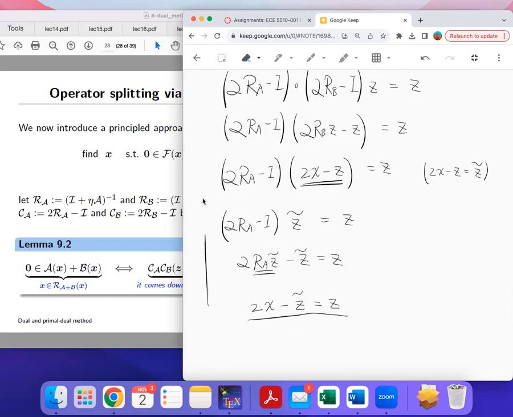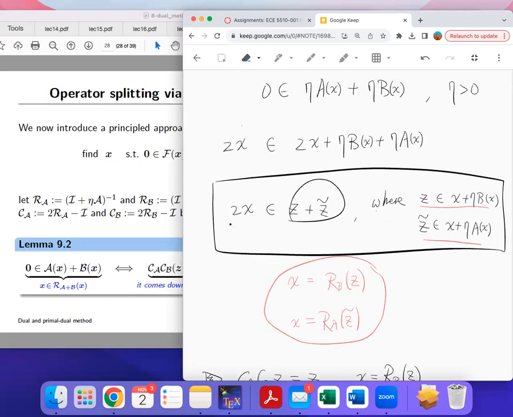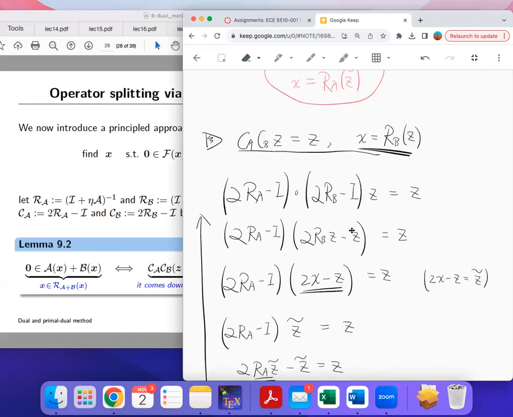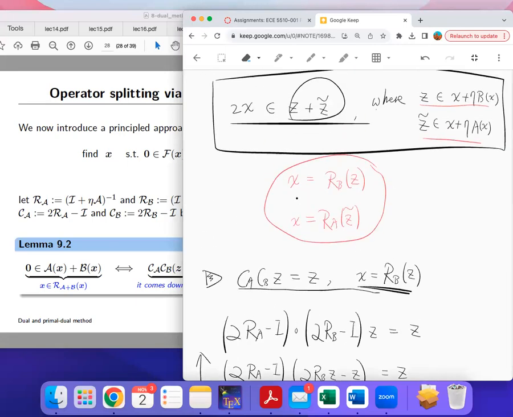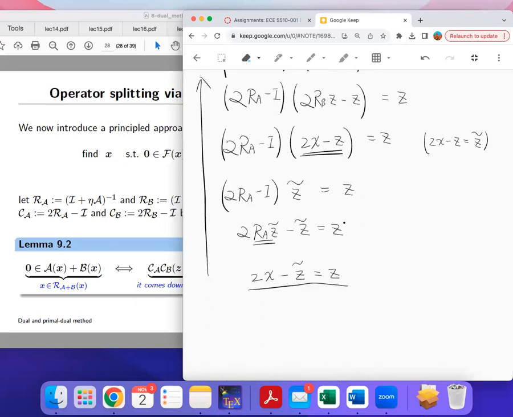So you can go from the bottom to the top. The last line is what we have before, and then this line, right? We have it here. And then x equals RAZ tilde.